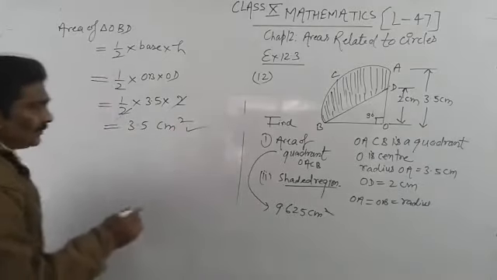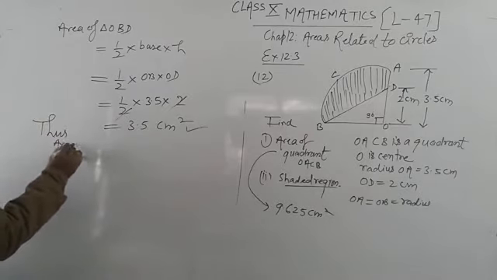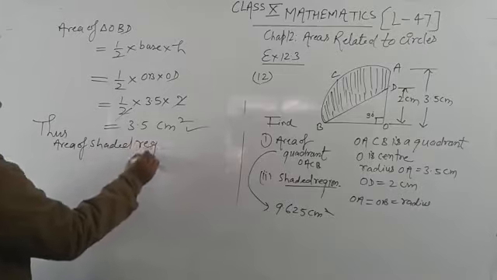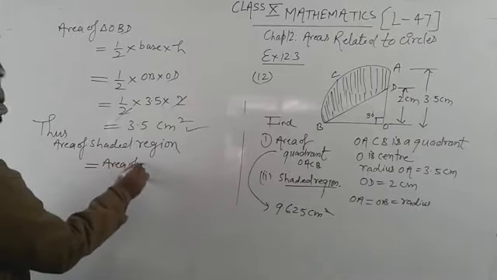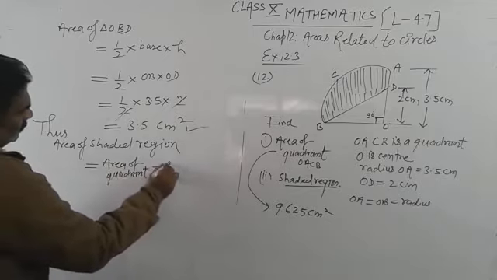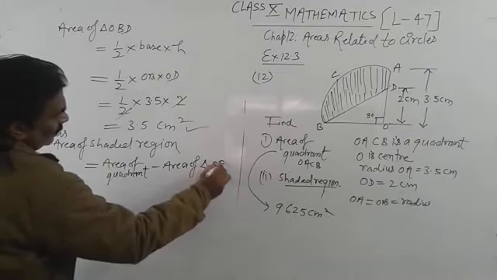Now we have to find the area of the shaded region. Thus, the area of the shaded region is equal to the area of the quadrant minus the area of triangle OBD.